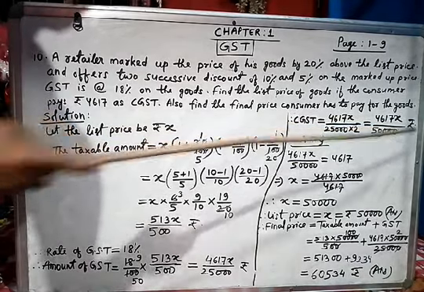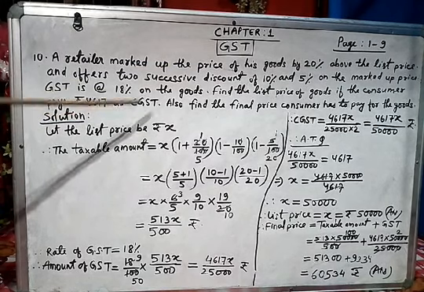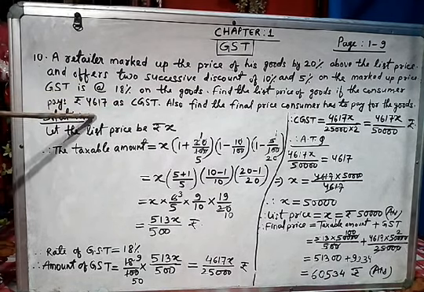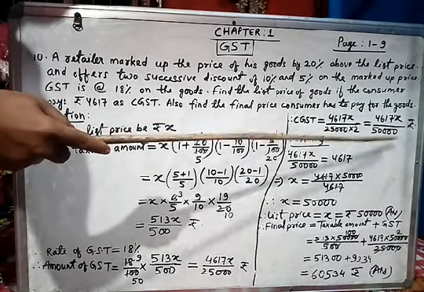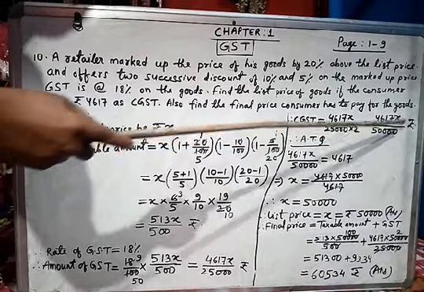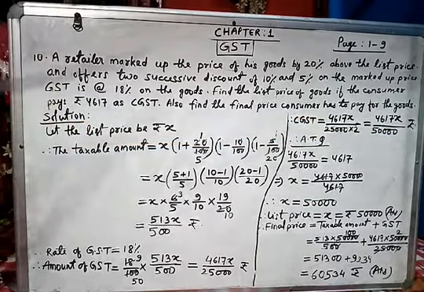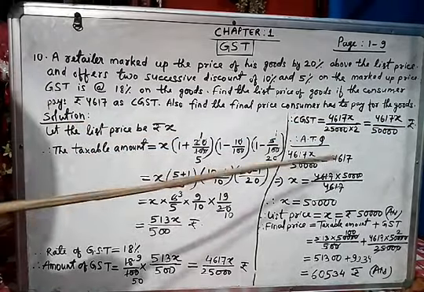So this amount will be equal to 4,617 because we know the value of CGST. This is the value of CGST, and this is also the value of CGST in terms of the variable X. So this particular amount is equal to this amount. According to the question, I wrote this: both of them are equal.